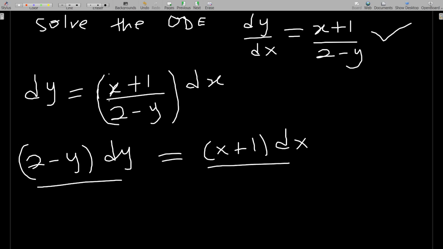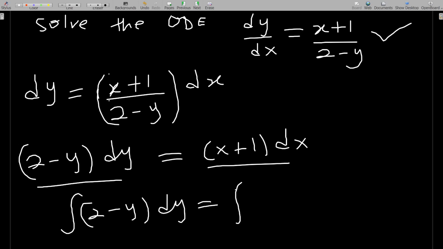Okay, so what you do is simply integrate. Once you're able to separate them like this, then use this to solve it. We integrate with respect to their variables. The integral of x plus 1 dx. When I integrate 2 minus y with respect to y, I get 2y minus half y squared.